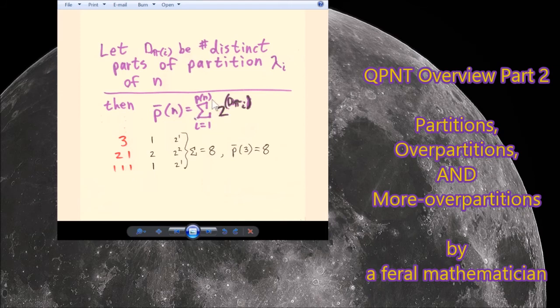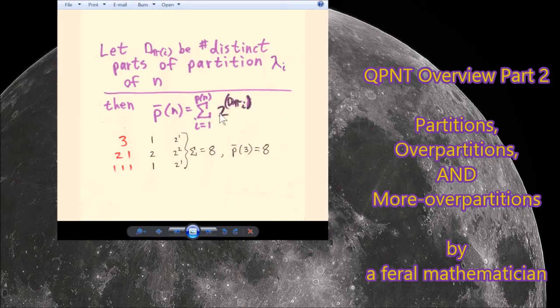Basically, because of the way the overlining method works, what you're doing is restricting to the distinct parts of a given partition of n. So the lambda i that are distinct are the only ones we're working on, so if that's the case, it's a set and not a multiset.